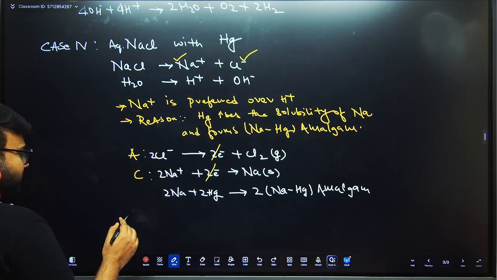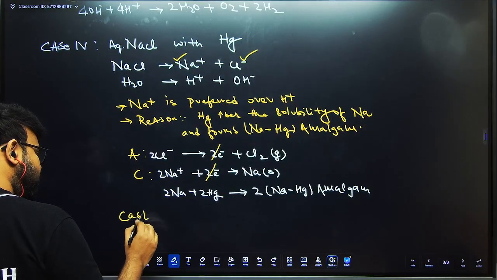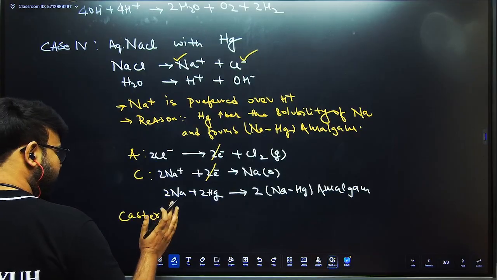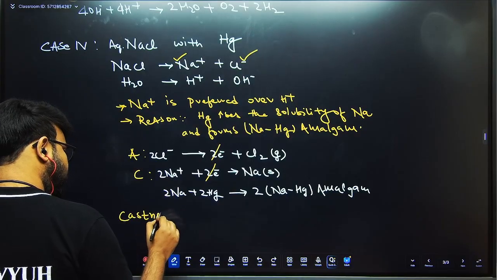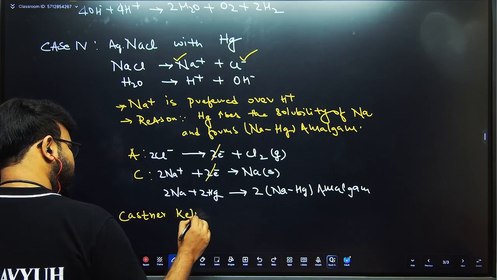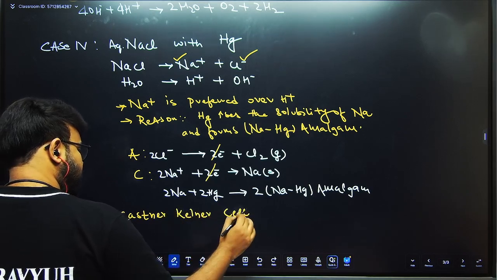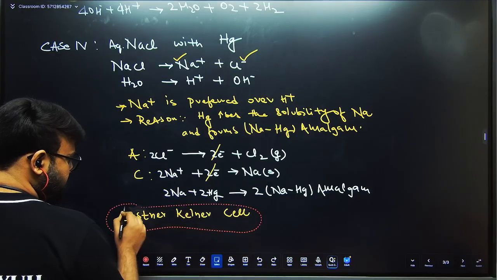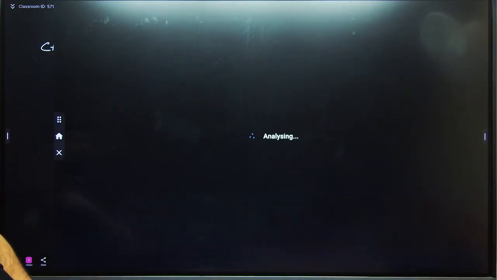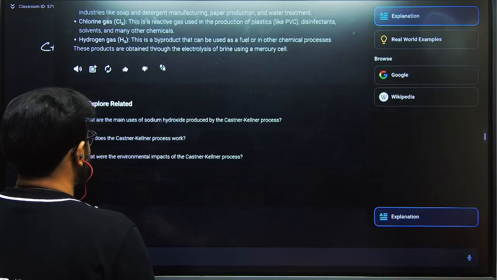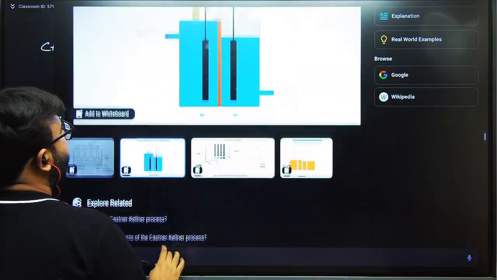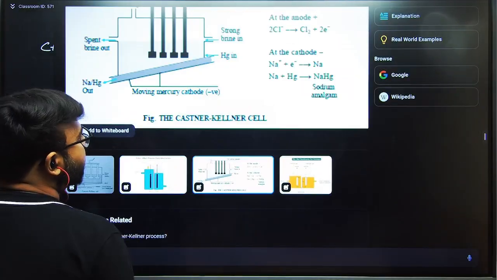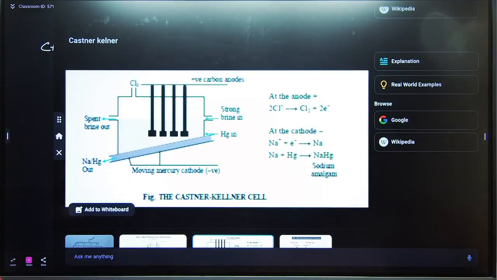Now let me show you this cell also. Guys, now look at this amalgam. NaHg amalgam. I hope it's clear.